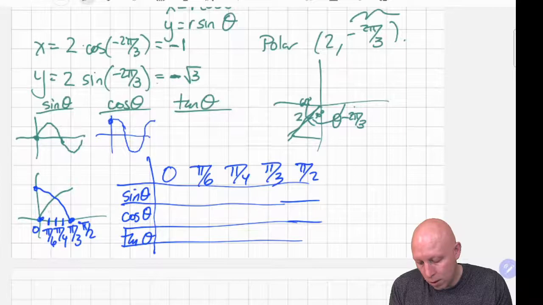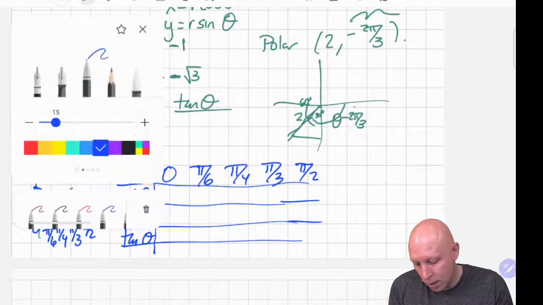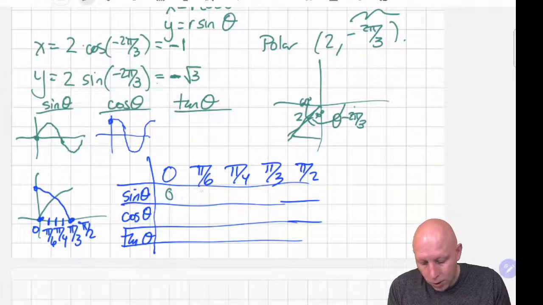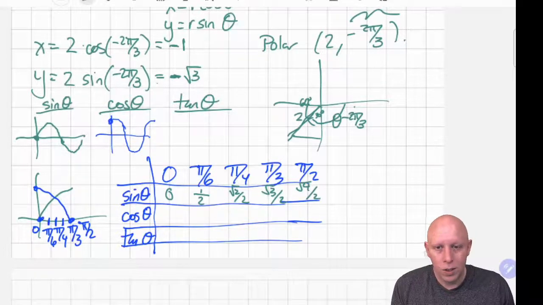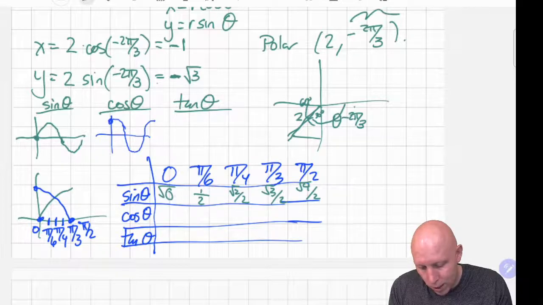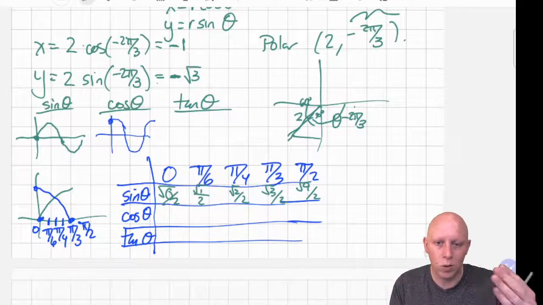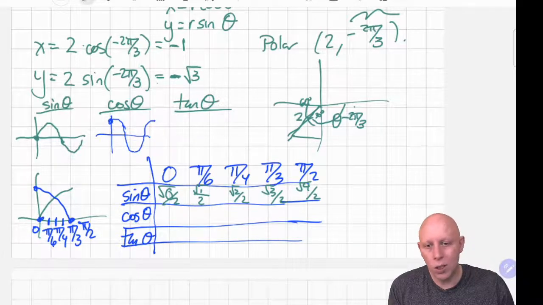So sine starts at 0, and it goes square root of 1 over 2, square root of 2 over 2, square root of 3 over 2, and square root of 4 over 2. So we have a really nice pattern here: square root of 0 over 2, square root of 1 over 2, square root of 2 over 2, square root of 3 over 2, square root of 4 over 2, which simplifies, right?